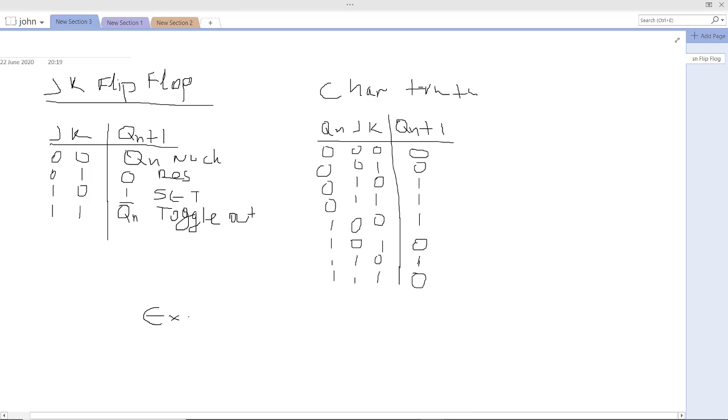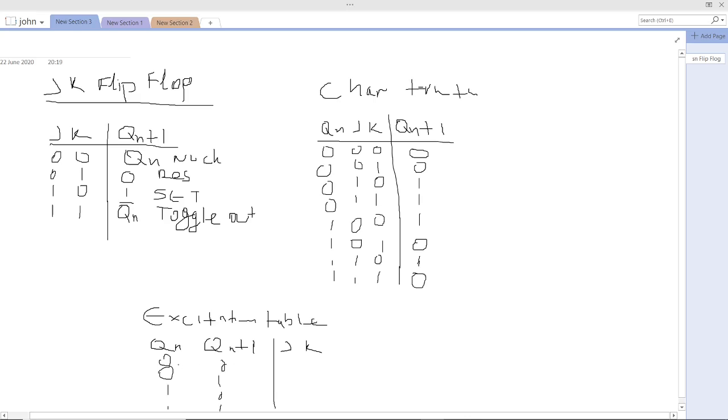So the excitation table has Qn and Qn plus 1, and then you have J and K. It's easy to complete the columns for Qn and Qn plus 1: 0, 1, 1, 0 and 0, 1, 0, 1.